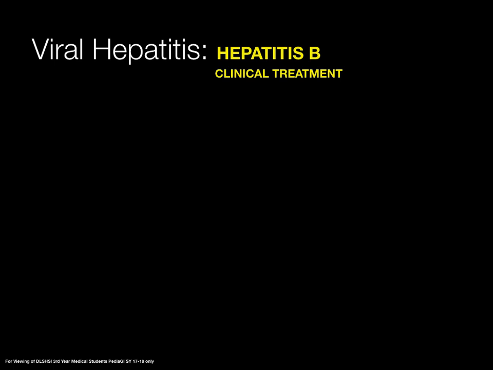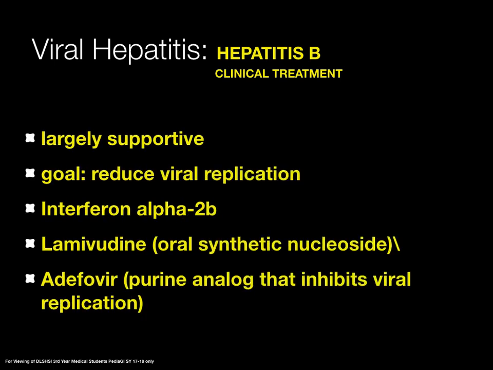Treatment of hepatitis B is largely supportive, and the goal is to reduce viral replication with the use of interferon alpha 2b. Lamivudine can be given to children more than 2 years of age, and adefovir can be given to children more than 12 years of age.